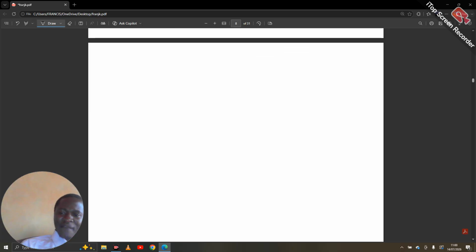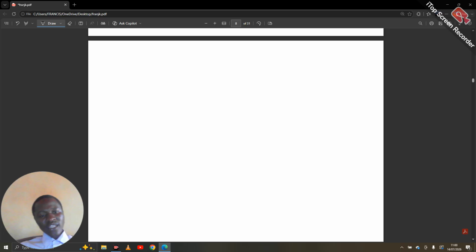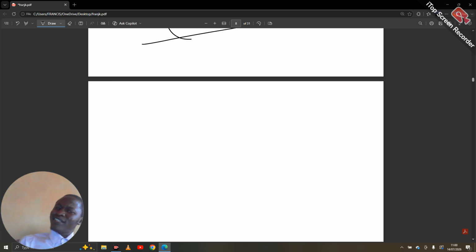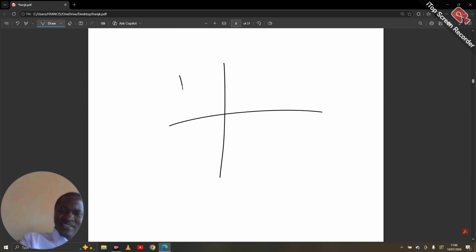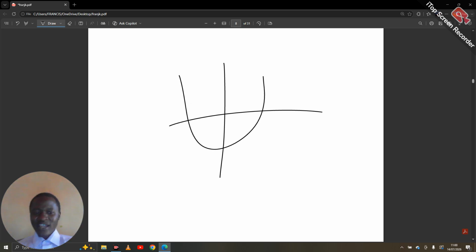State the nature. The nature. Remember whatever I've drawn previously, I've drawn something like this. This one is just a sketch. I don't know how the curve appears.